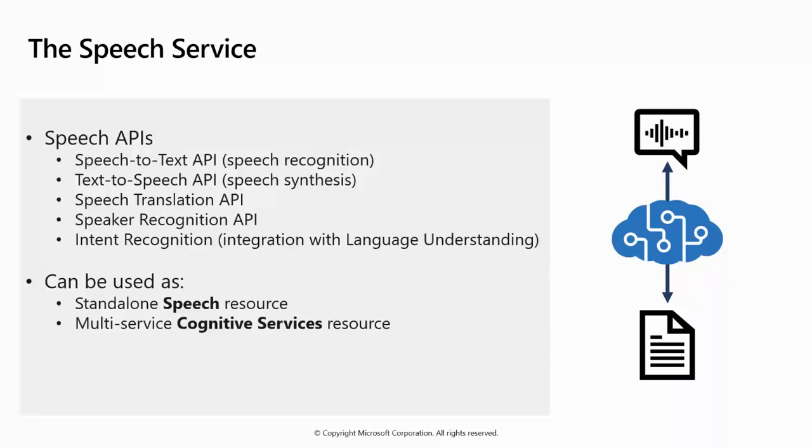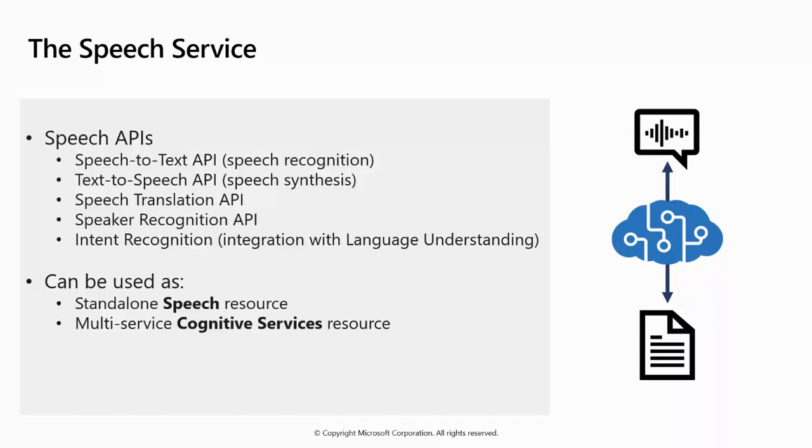We also have speech translation. This is an API that we can use to translate spoken input into multiple languages. And the next one, we have speaker recognition. This is an API that enables our application to recognize individual speakers based on their voice. After that, we have intent recognition.